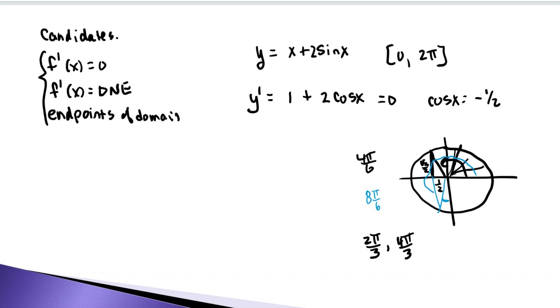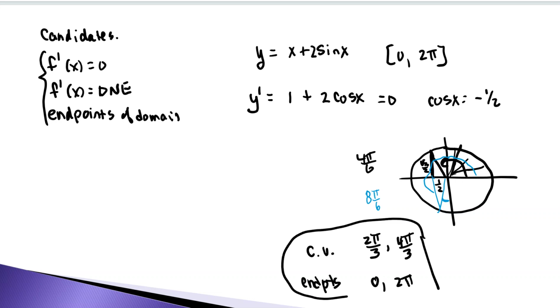So those are my two critical values, and I also have endpoints, which are 0 and 2 pi. So I have 4 possibilities for global extrema.